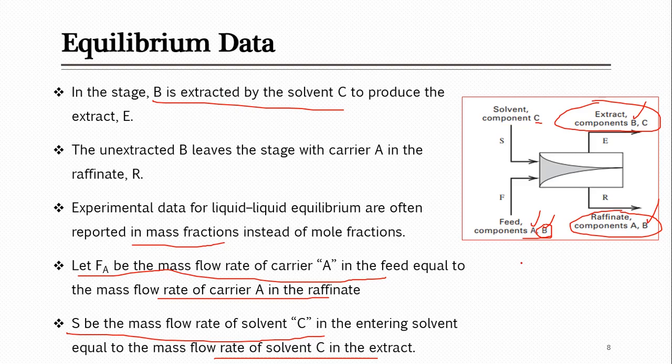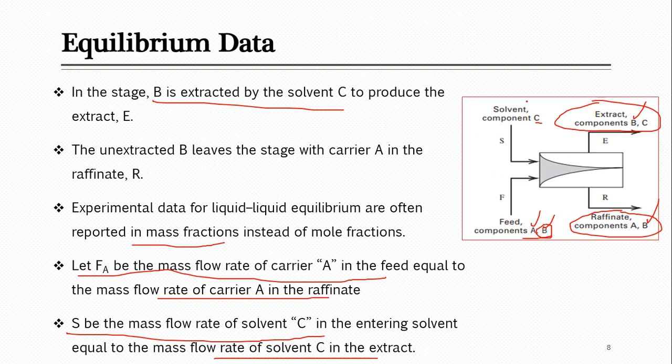XB we are saying is the ratio of the mass of this solute B to the mass of your carrier A. So if you write it here XB, and then there will be XB for this. They will definitely be different because here the mass of B is different and here the mass of B is different, but the mass of A, the carrier, remains the same.